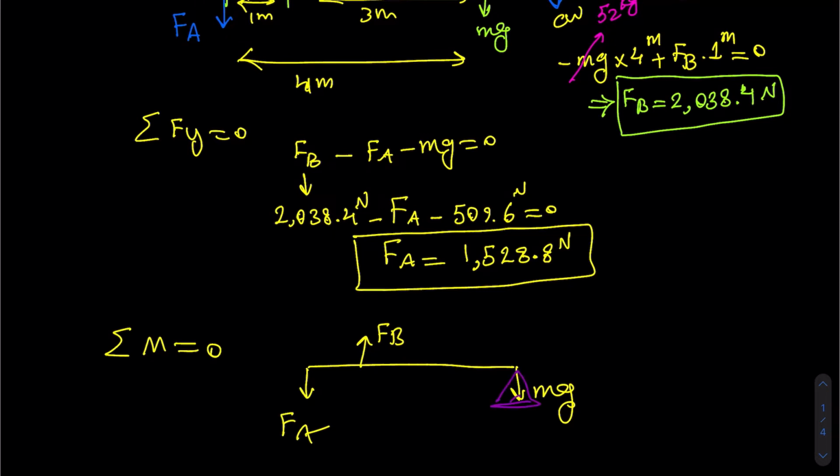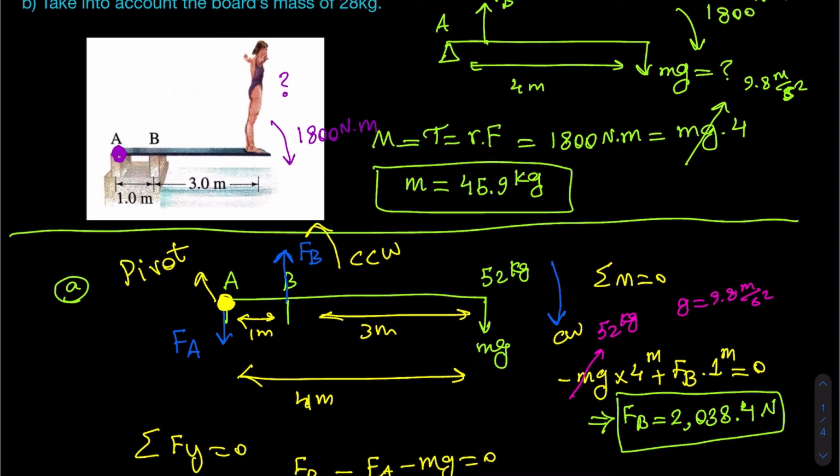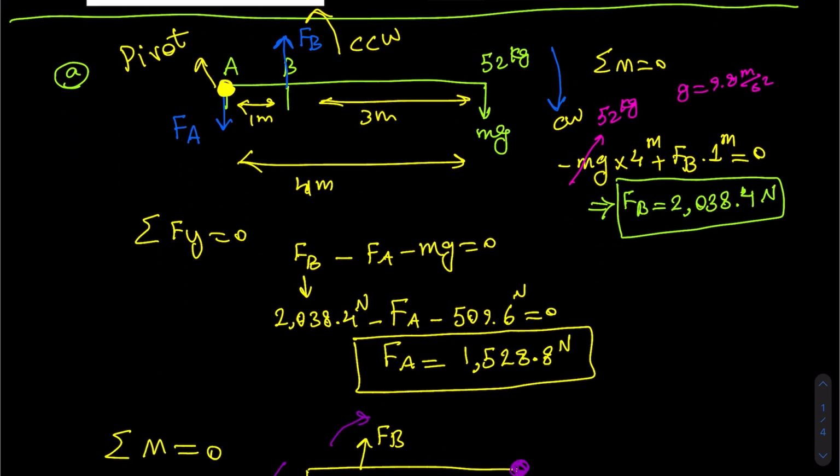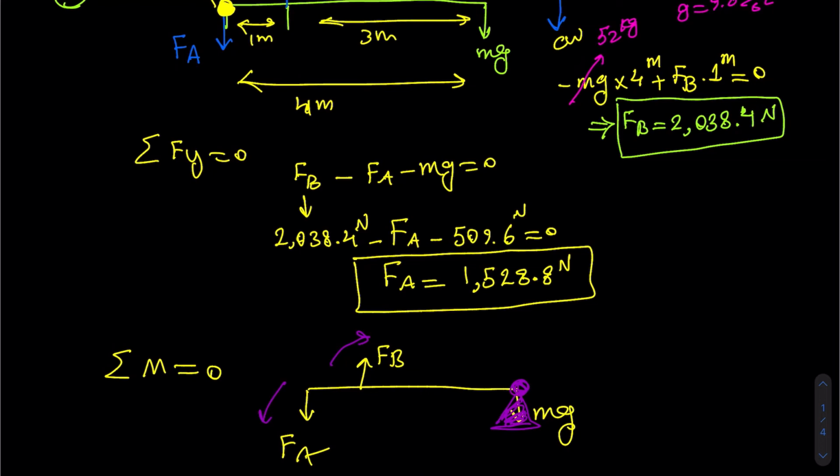Then we will calculate the turning effect of this and this force with respect to this fulcrum, which we set at the tip of the board where the person stands. Then we will get the same answer.